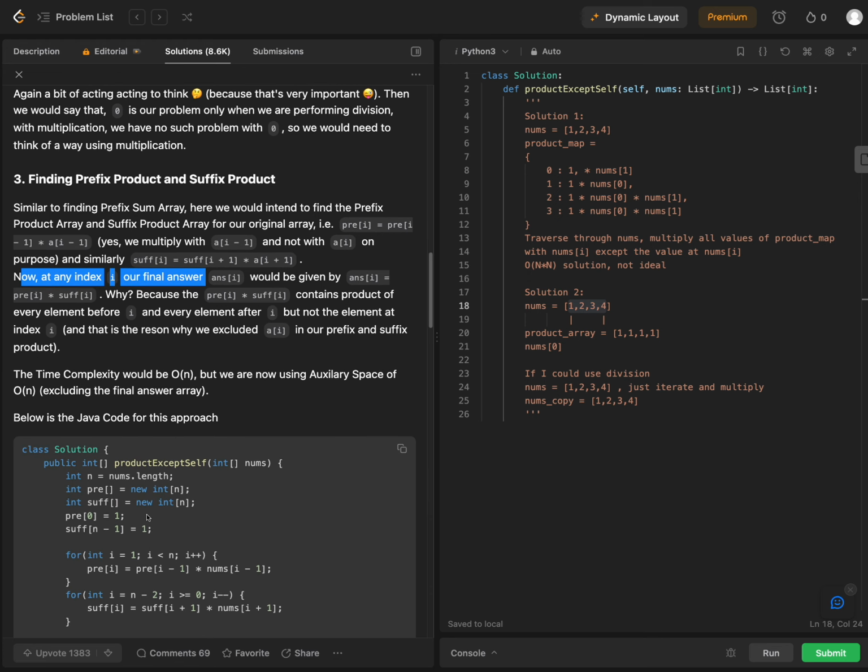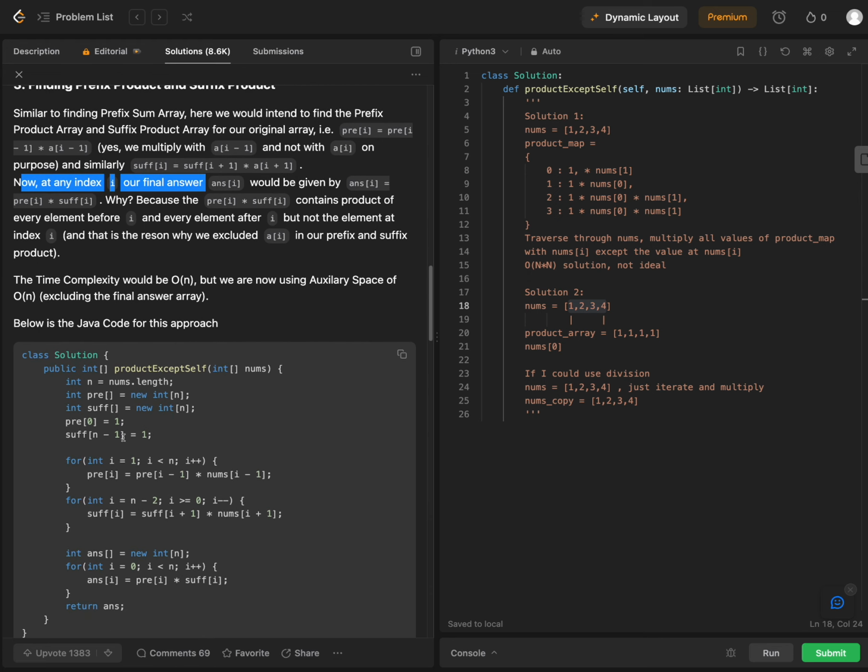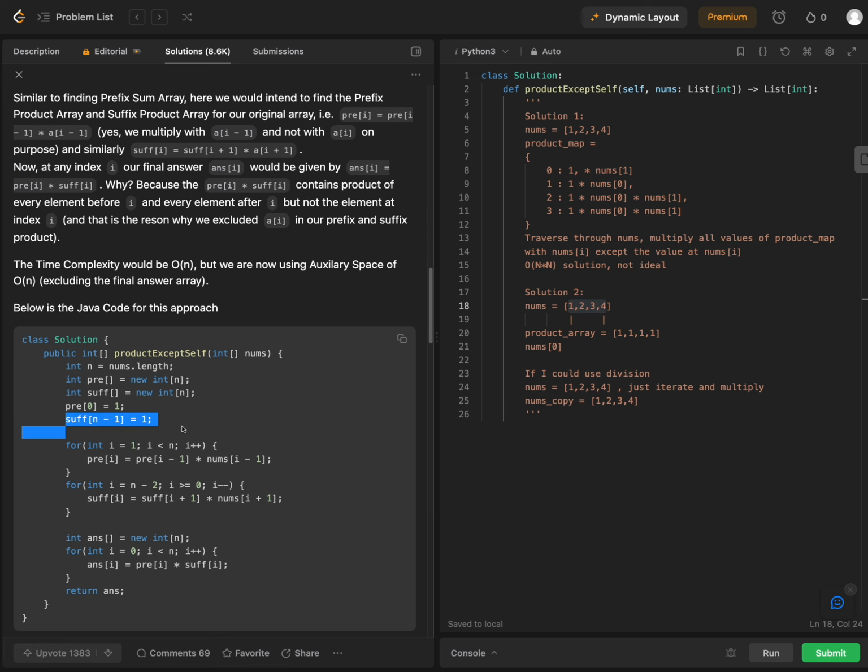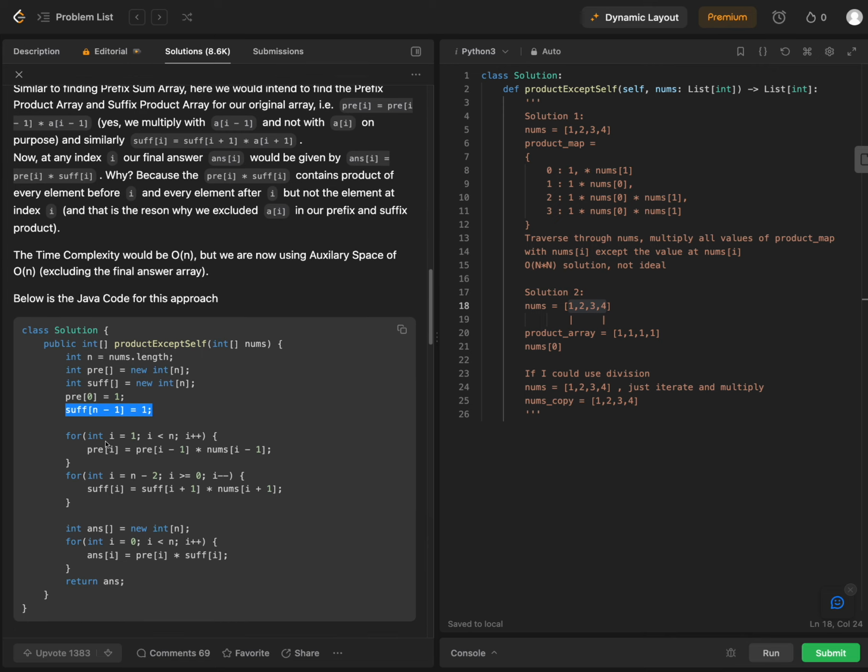Alright, so you have nums, you have new int of n, prefix of 0 is 1, suffix of n minus 1 is 1 again, and then you iterate through the entire prefix array. You want prefix to iterate from i equals 0, you increment this.